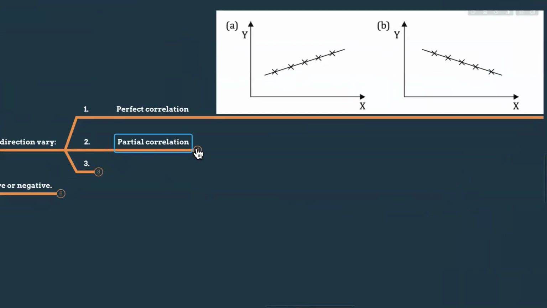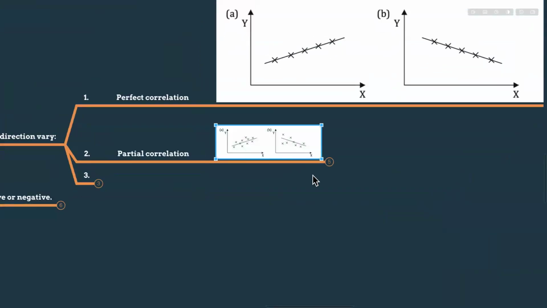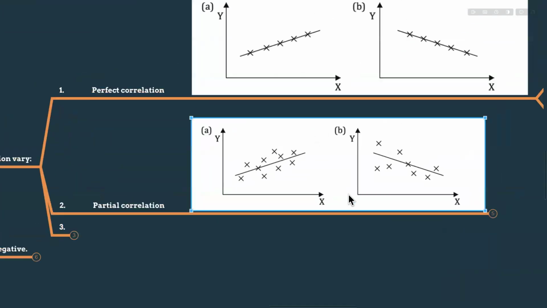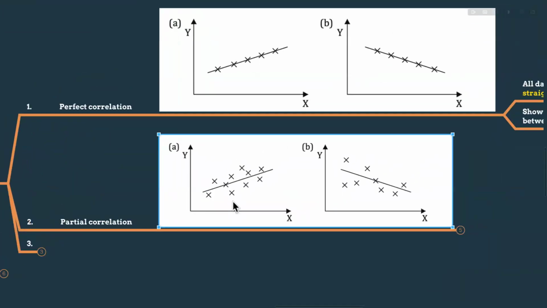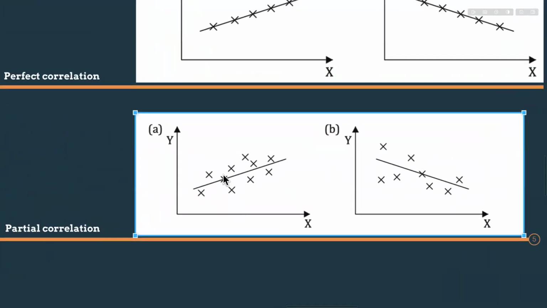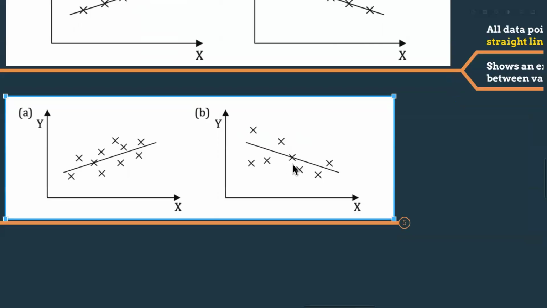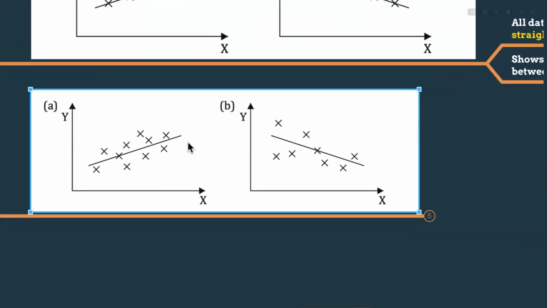And partial correlation. Partial correlation means the points are close to a line, but not perfect. When we plot the x and y values, we will have points here, here, here, like this. But we can have a line of best fit according to the patterns we are seeing. So this is a partial positive correlation.